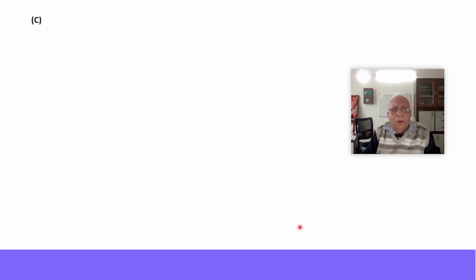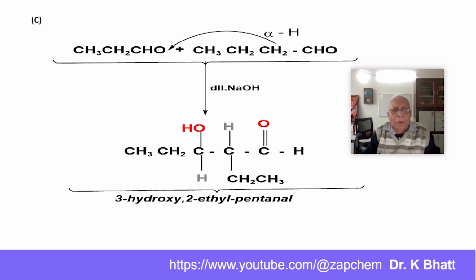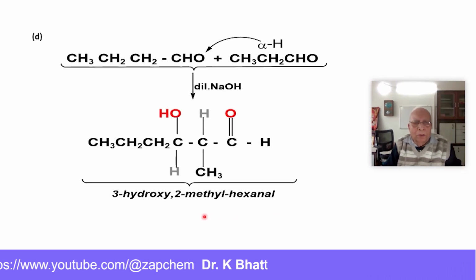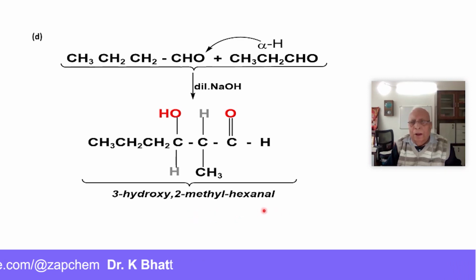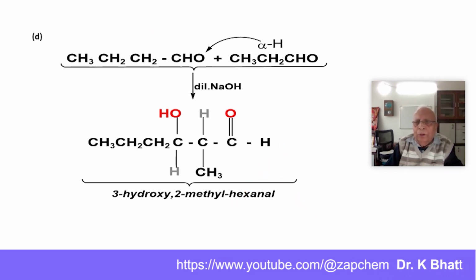Question C, the answer is 3-hydroxy-2-ethylpentanol. And lastly, it is 3-hydroxy-2-methyl-hexanol. Okay, so please go through it and try to get the concepts for cross aldol condensation and making out the products of cross aldol condensation along with the simple aldol condensation which we have already taken up.